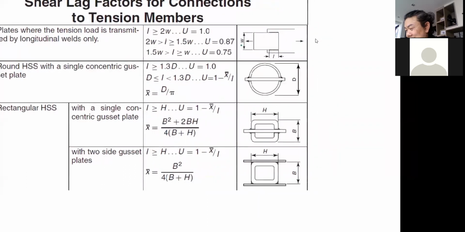Next one. This is the way we connected the circular section in the old days. We put one plate through the middle like this, and then weld the plate to the circular section itself. If this is the way that your circular pipe is connected, they have a suggestion on how to calculate the shear lag.